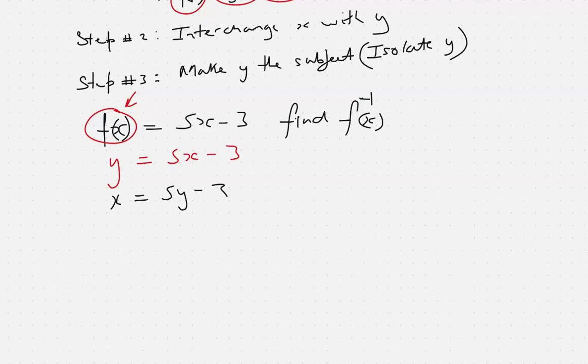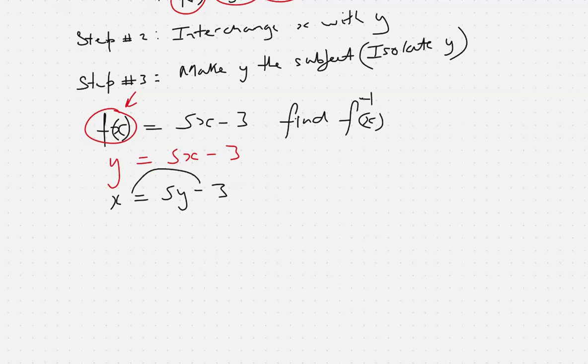Step three is the important step. Why it's important is that depending on how difficult the function looks, that will determine how good your algebra has to be. So look at this now. Very easy one. You want y to be by itself, so move this 3 to the left. You're going to get x plus 3 equal to 5y.